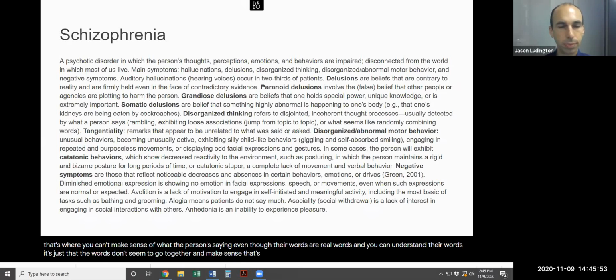That reflects the disjointed and hard to understand associations that the person with schizophrenia is in their state of mind. So people with schizophrenia can see associations between things that the rest of us can't see.